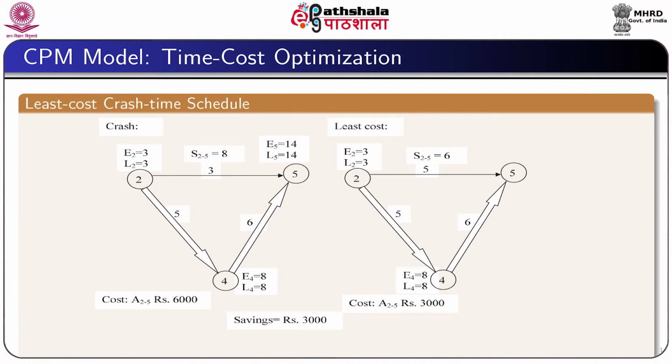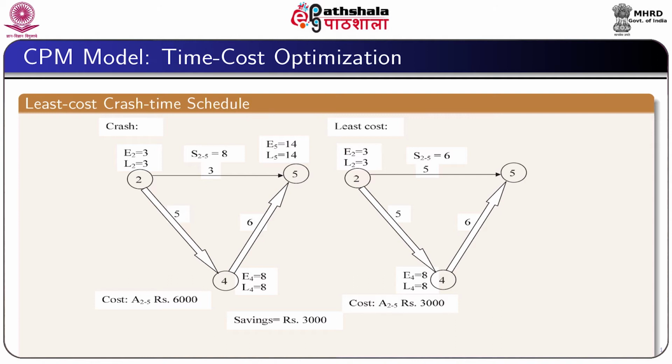Now, first consider the non-critical path 2-5. It is crashed to 3 units of time with a cost of 6,000. The activity has 8 weeks of slack.